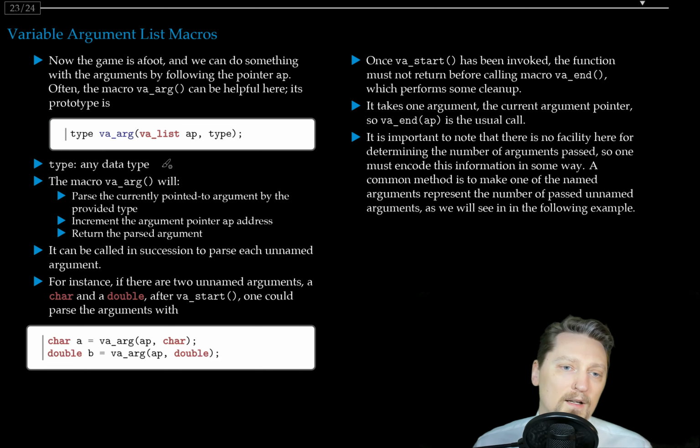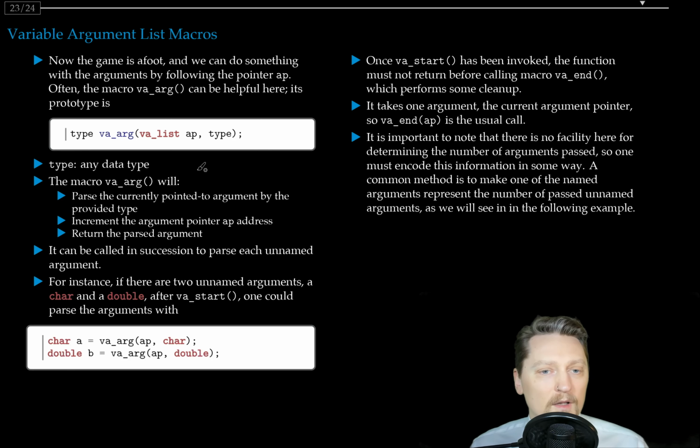Type here is any data type like int, char, etc. The macro va_arg will parse the currently pointed to argument by the provided type, increment the argument pointer AP address, and return the parsed argument.